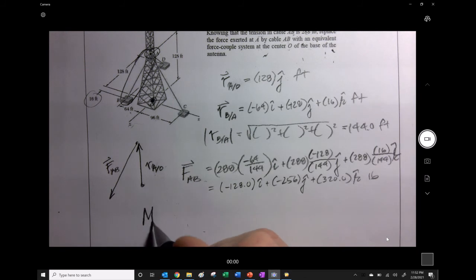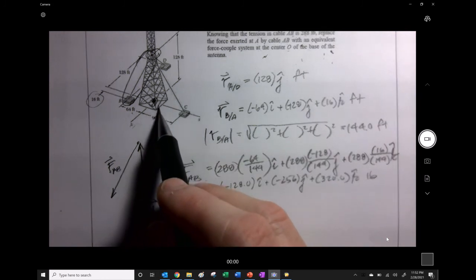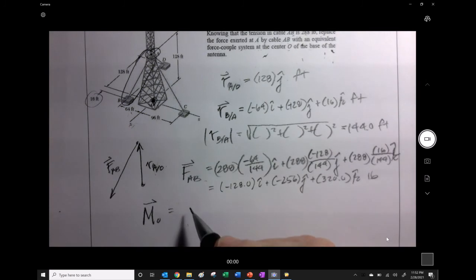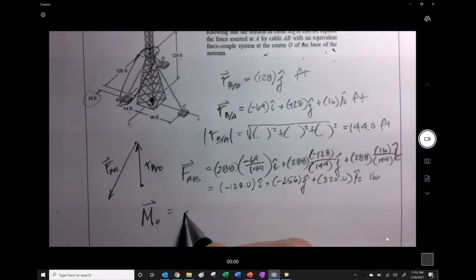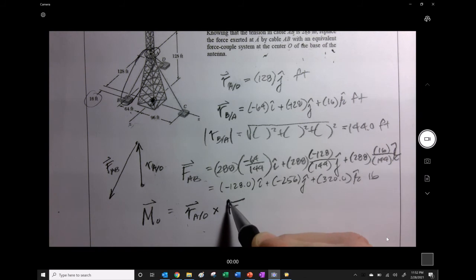So we take our moment that's placed on this thing, and by the way, that would be the equivalent force that we're going to be placing down at O to take care of what happened up here. But now we're going to take this A with respect to O and cross it with FAB.